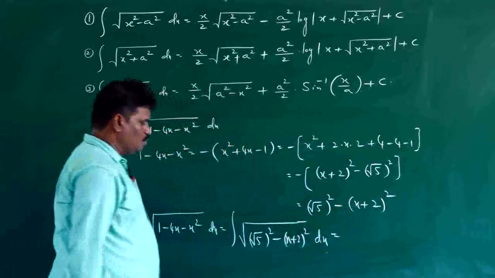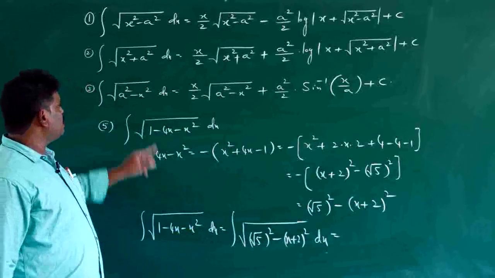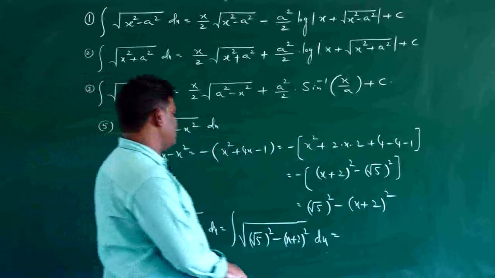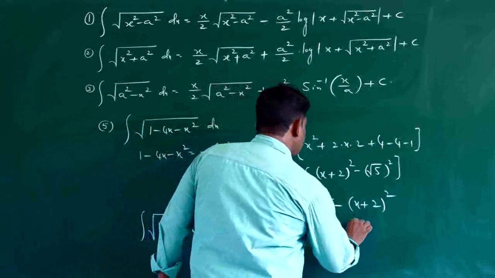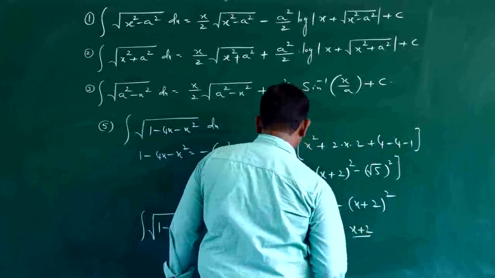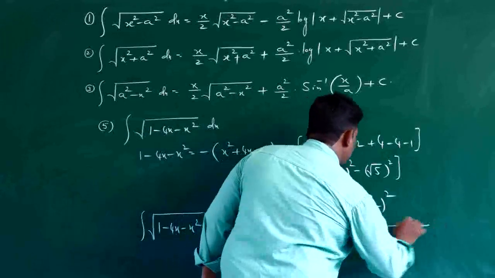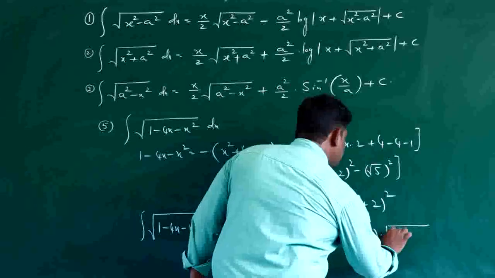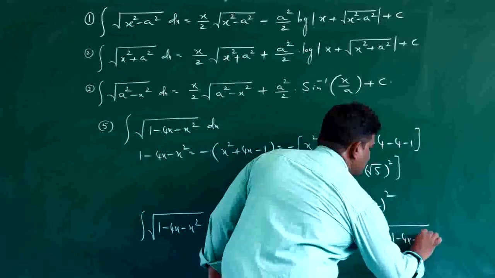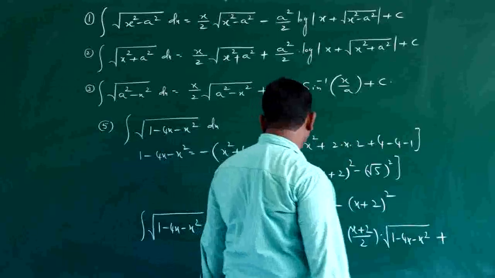By the a square minus x square formula, the third one, x by 2 means x plus 2 by 2 into square root of 1 minus 4x minus x square, plus a square by 2.